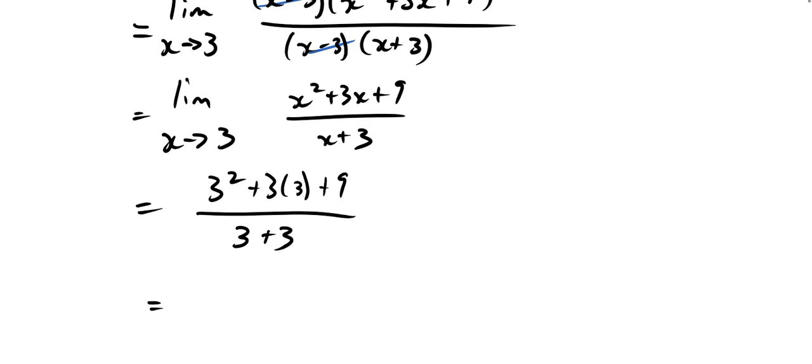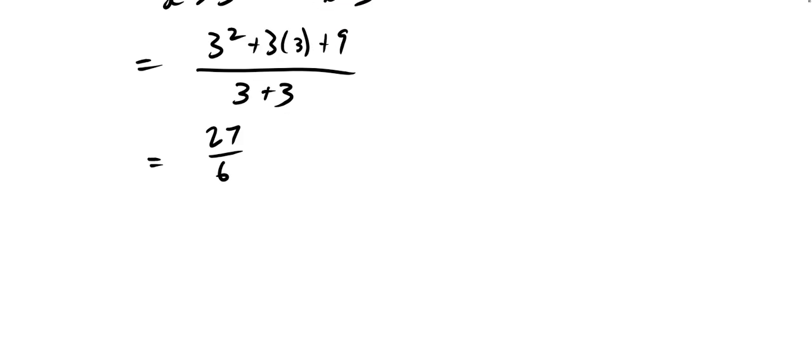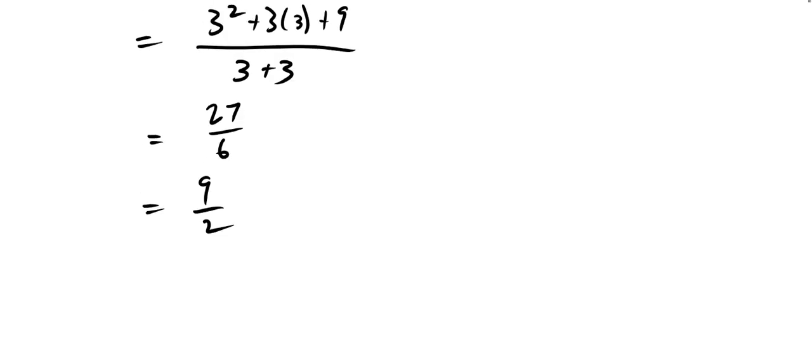So I've got 9 plus 9 plus 9, 27 over 6. And divide both the top and bottom by 3, I get 9 over 2. Everybody good? Okay.